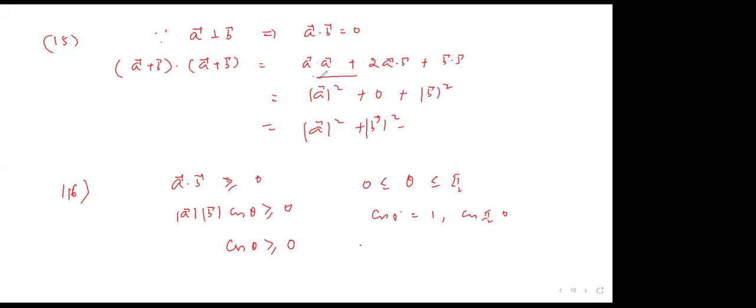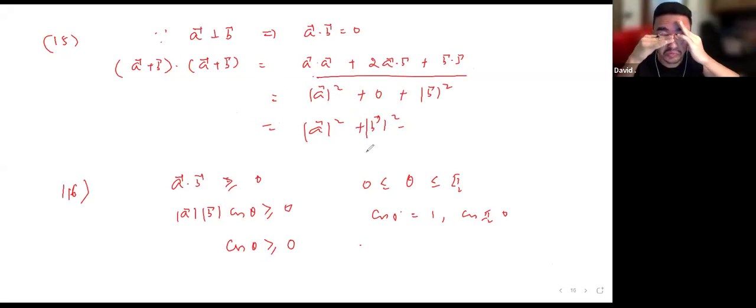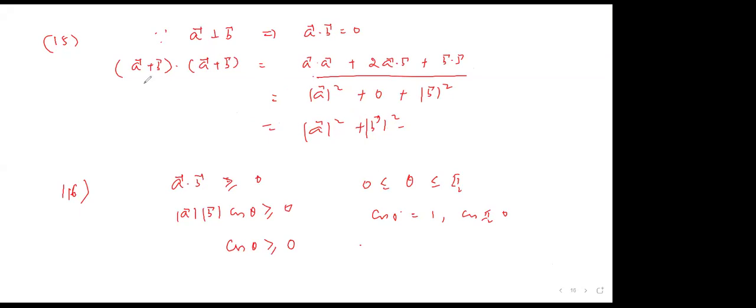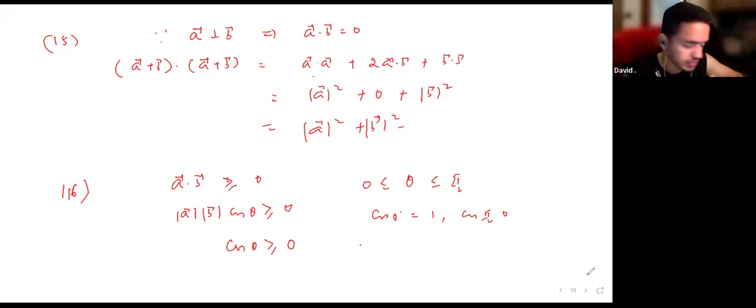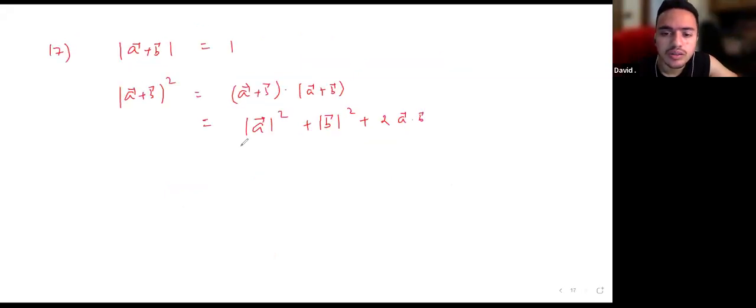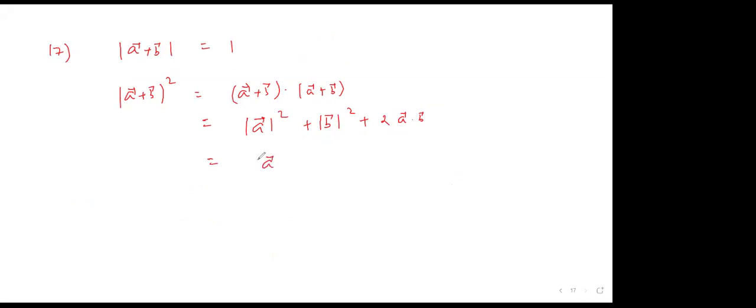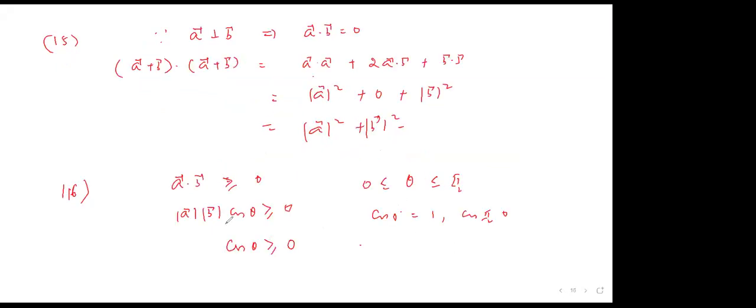Here it is. Isn't it? Yes, sir. The same thing. So this will be magnitude of A square plus magnitude of B square plus 2 times magnitude of A magnitude of B cos theta, because A dot B is magnitude of A magnitude of B cos theta.